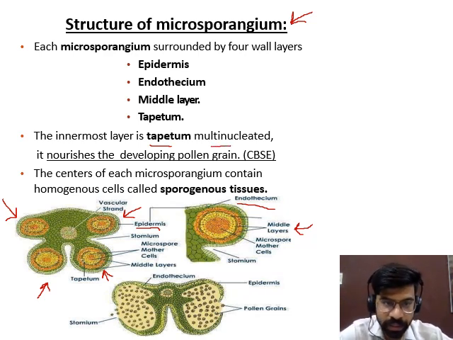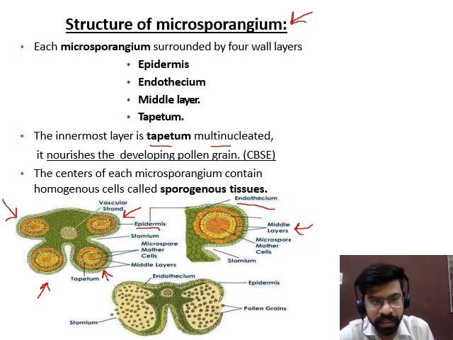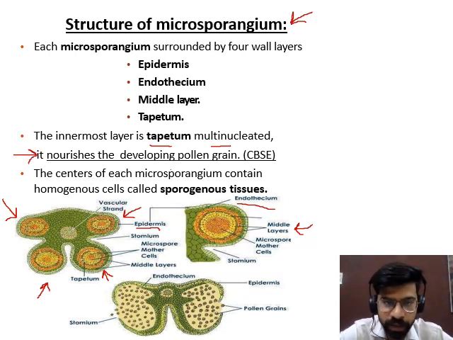And a question from the last to last year: what is the function of tapetum? Tapetum helps in the nourishment of developing pollen grains. When the pollen grain develops, tapetum is the layer that provides nourishment.